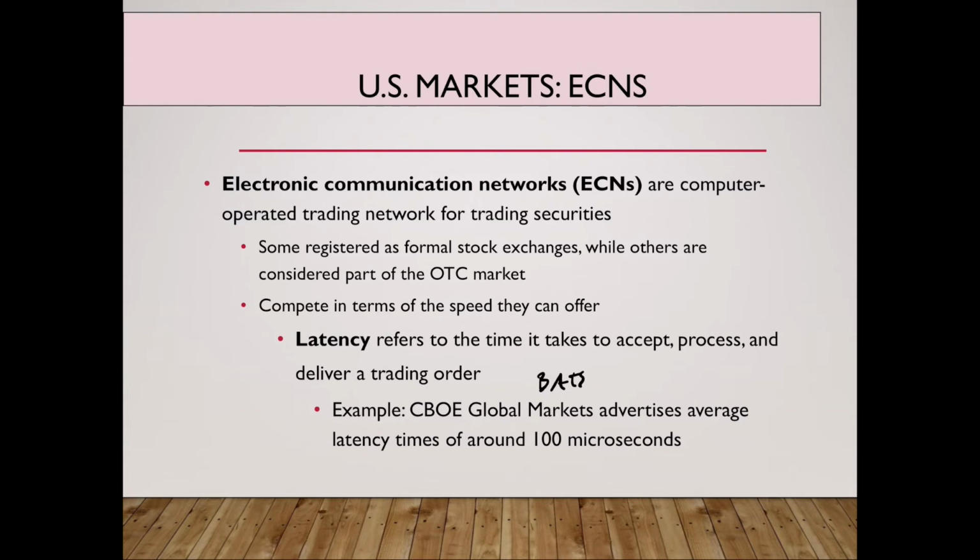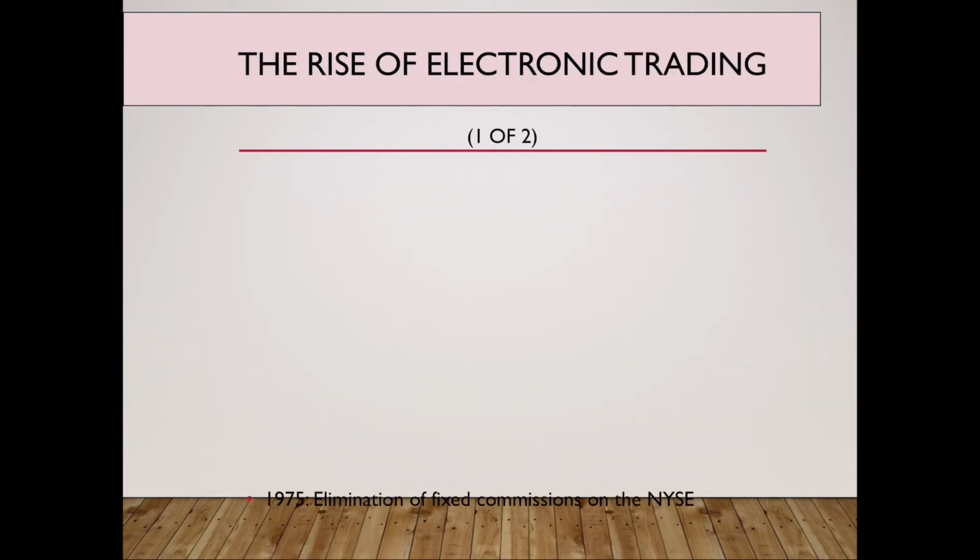So let's go into a little bit of a discussion of the rise of ECNs. In 1975, first there was an elimination of fixed commissions on the New York Stock Exchange. Basically, this allowed brokers to compete on lower commissions. Instead of having fixed commissions, these brokers could actually list what they were willing to charge for executing these trades.